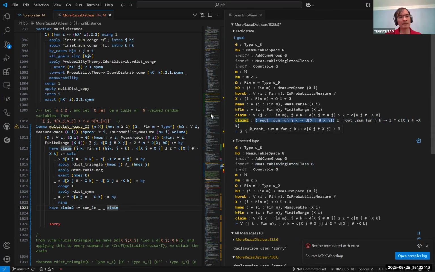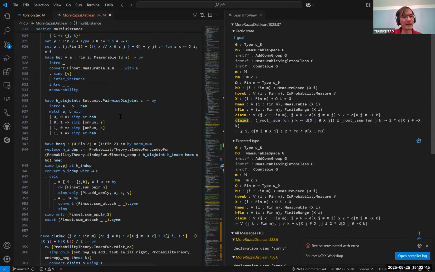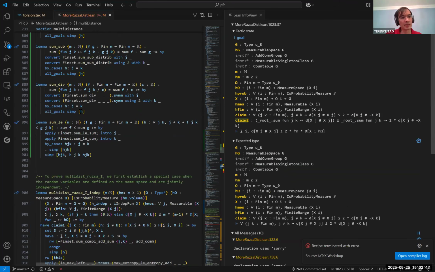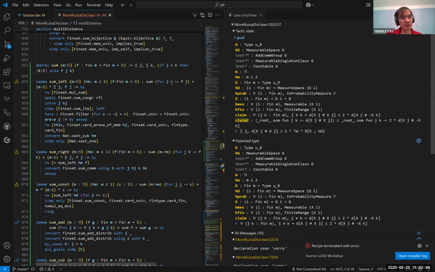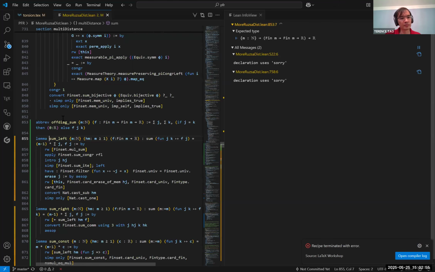I can see that it's not a good idea to call this sum because sum actually means something. Let's say it's called off-diagonal sum.